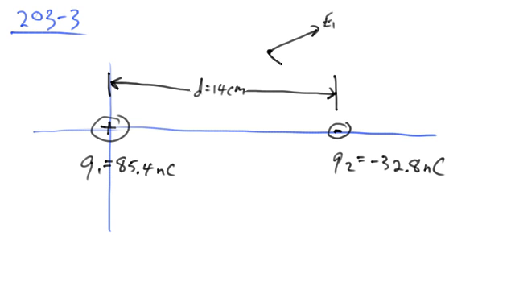If we consider a point like this one, E1 would be away from 1, and E2 is going to be toward charge particle number 2. These two could conceivably add up to 0, except that E1 is actually always going to be greater in magnitude than E2 because it's got both things going for it.